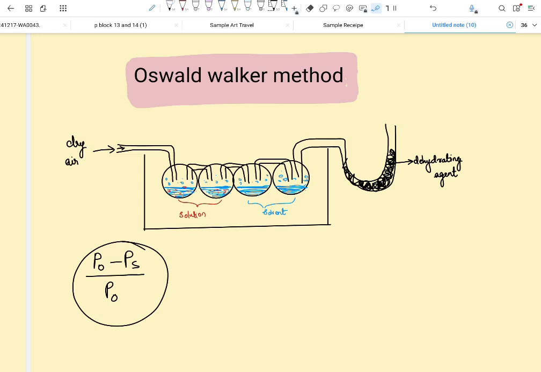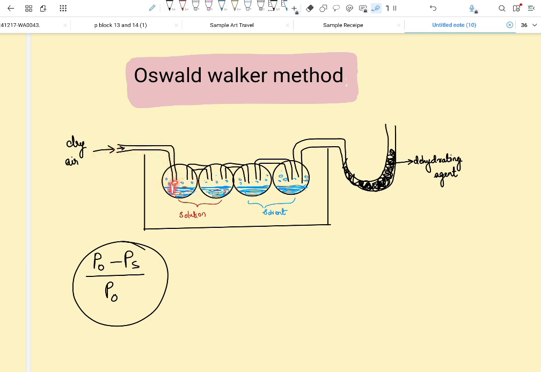Now see how much dry air is passed. Whatever moisture content is present, the dry air will absorb it and it will reach a saturated point. When the dry air is passed, the moisture content is absorbed.